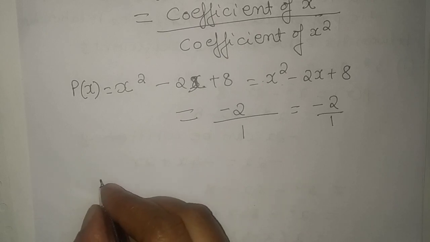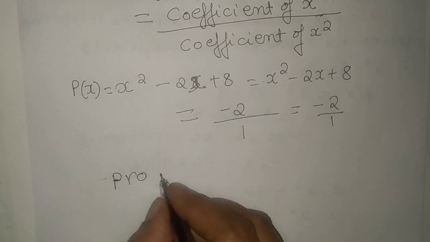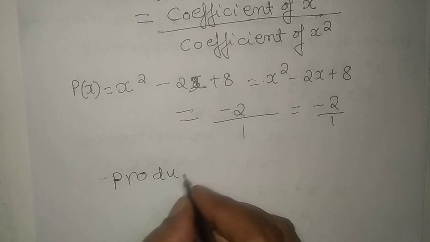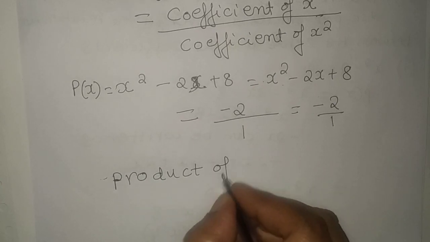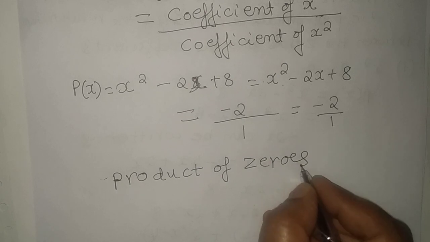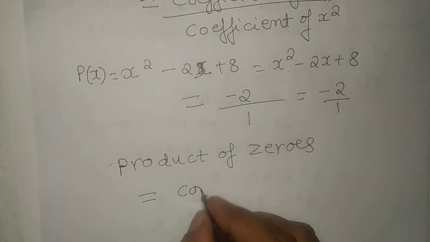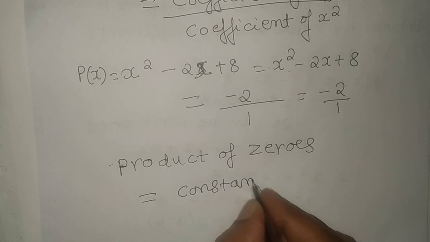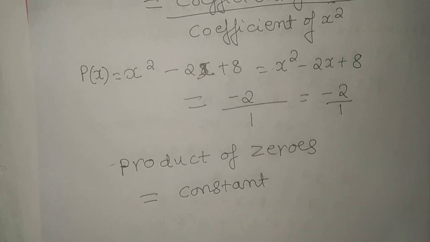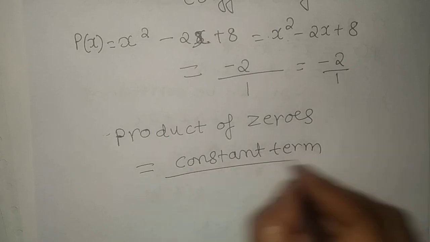Now one more verification is left, that is the product of zeros. What is the formula? Product of zeros is equal to constant term by coefficient of x square.